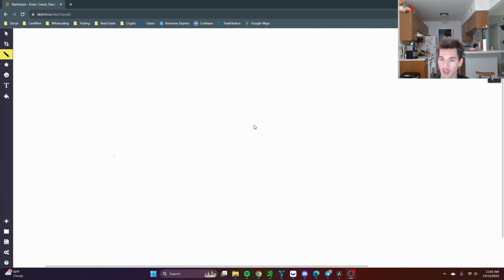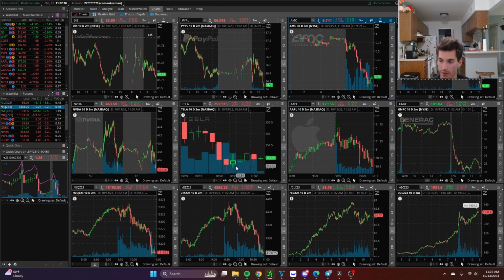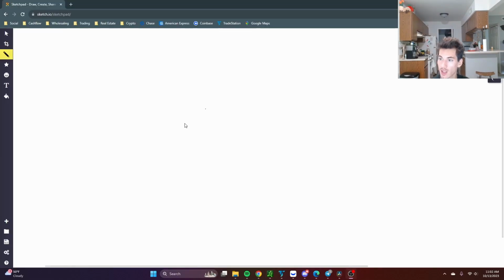So basically, as you saw, you have green and red candlesticks, and let's just say this is a green candlestick. This is where price right here would have opened. Price would have come down a little bit. That was the low.